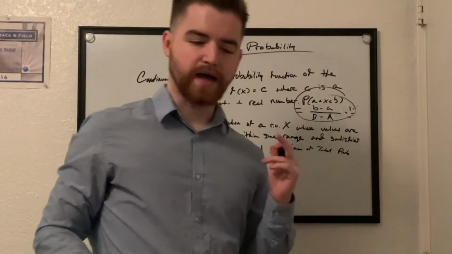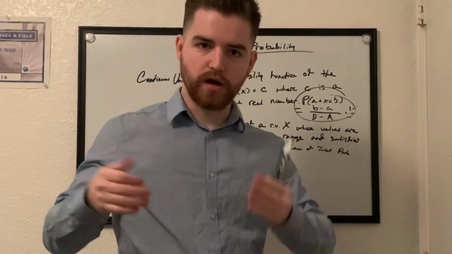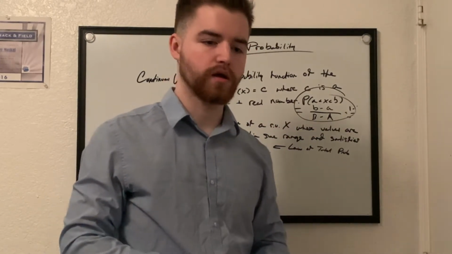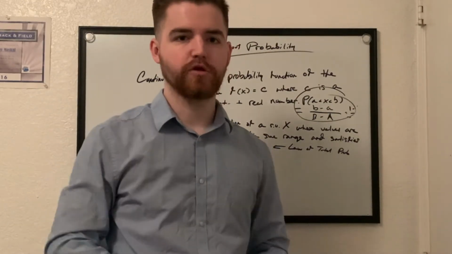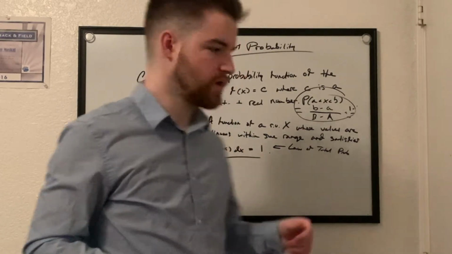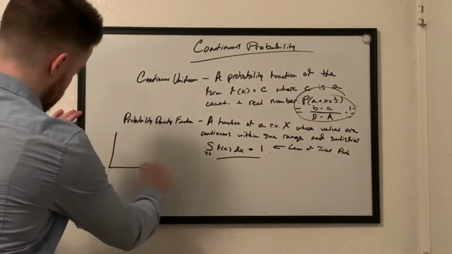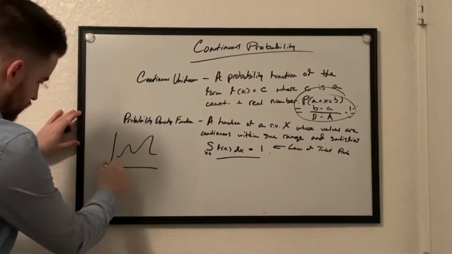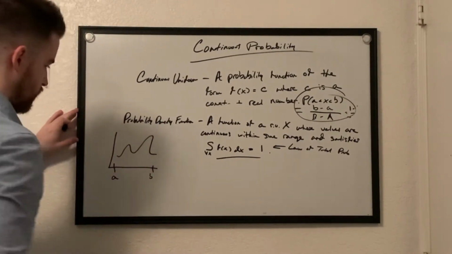Now, I showed in the last example in continuous uniform, the area underneath our function must sum to 1. In this case, we had a height of 1/2 and a length of 2. 1/2 times 2 is 1. So the total area is simply 1. We might have a function that looks like this. It goes like this, and it's between two x points. We'll call it A and B or whatever.